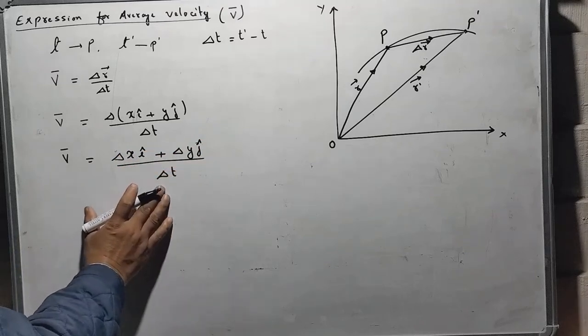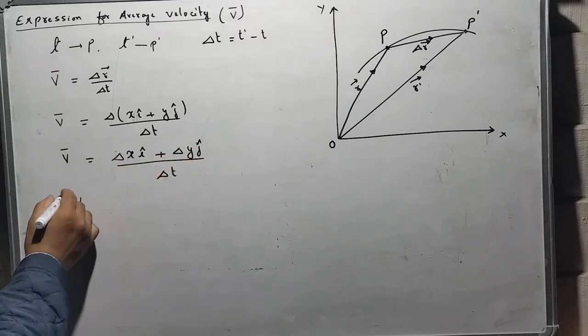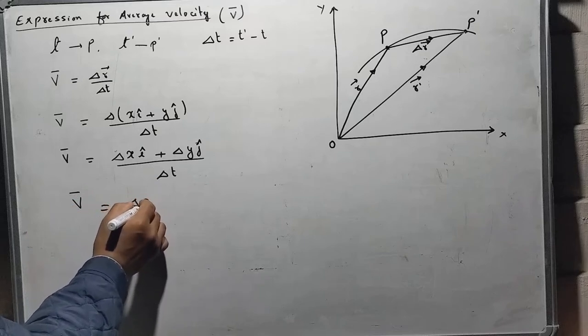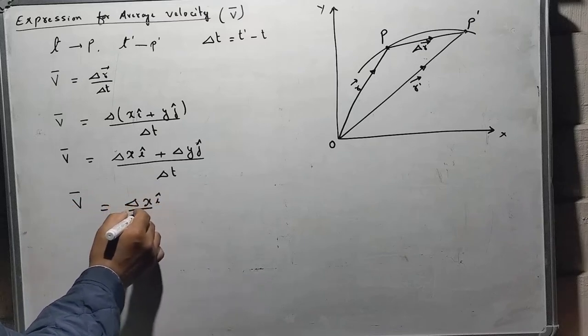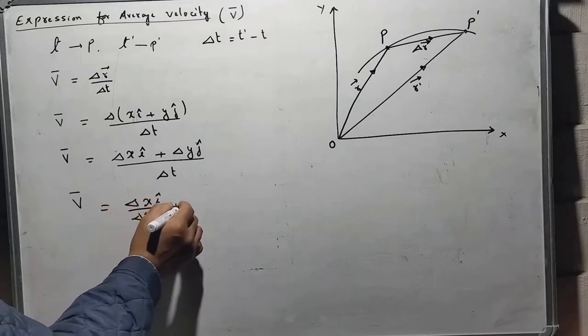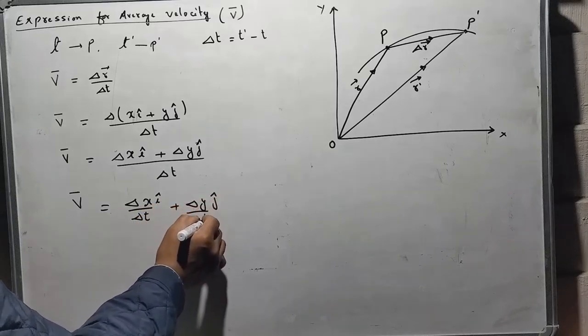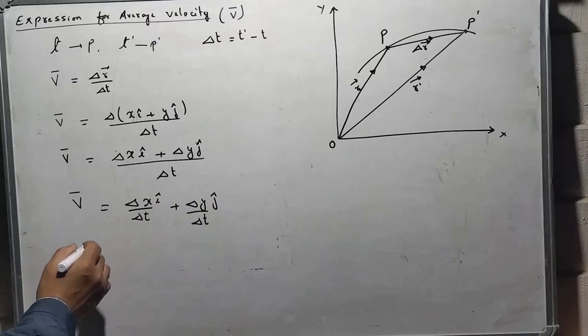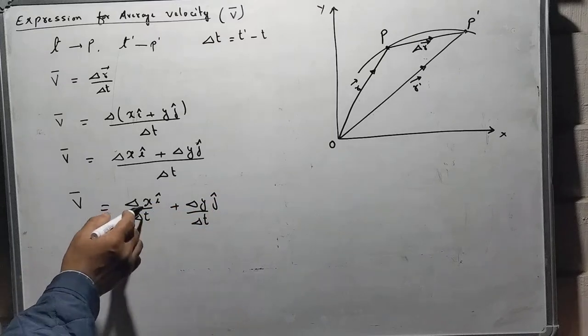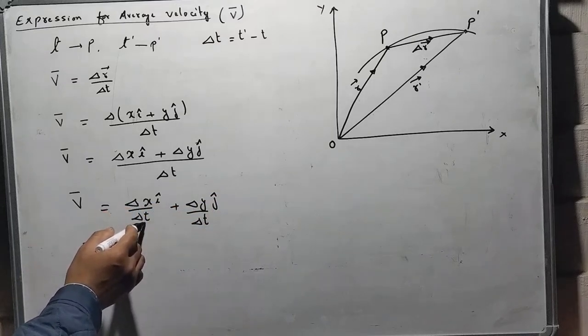Now, if you split this delta t, then you will get delta x i upon delta t plus delta y j upon delta t.